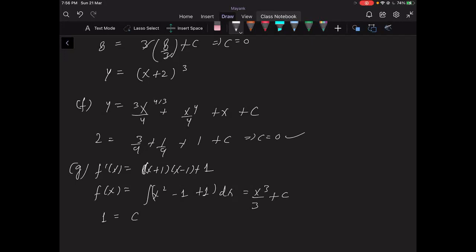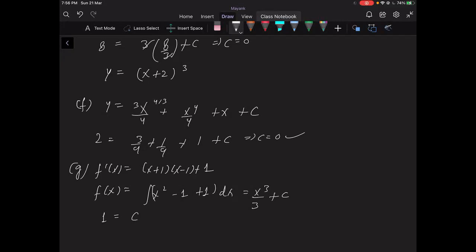So what I did was I saw that it was in the ax plus b form. So I did x plus 1 square upon 2, x minus 1 square upon 2 plus... This is not ax plus b form. I mean, x plus 1 is and x minus 1 is, but they are multiplied.